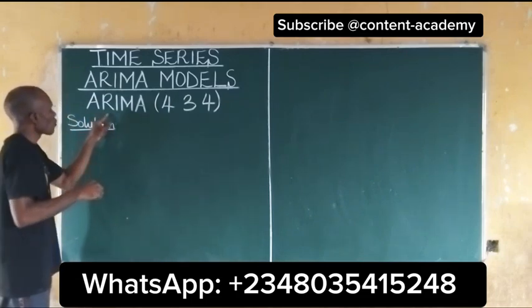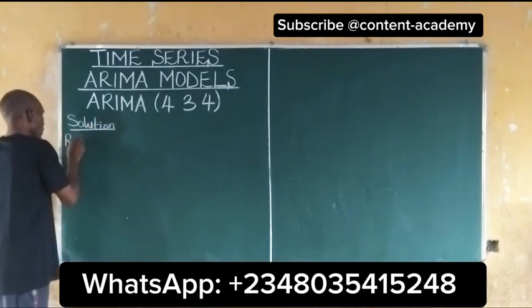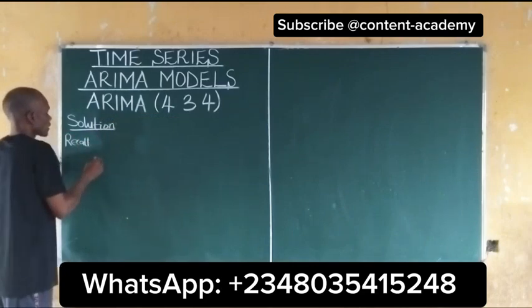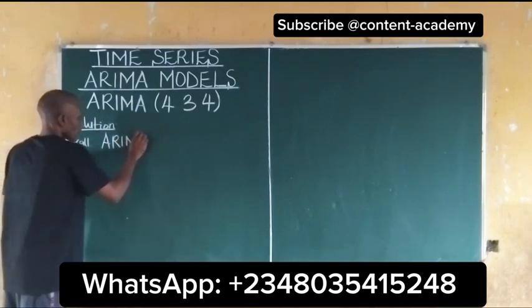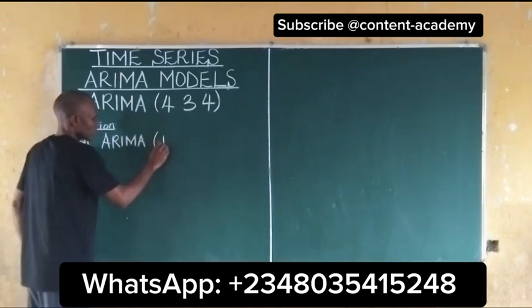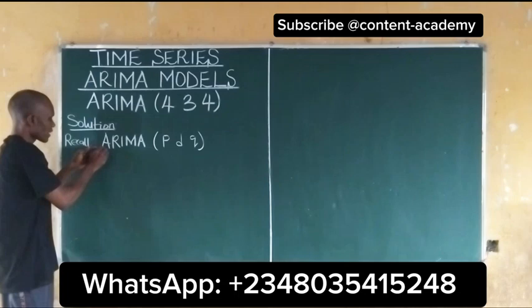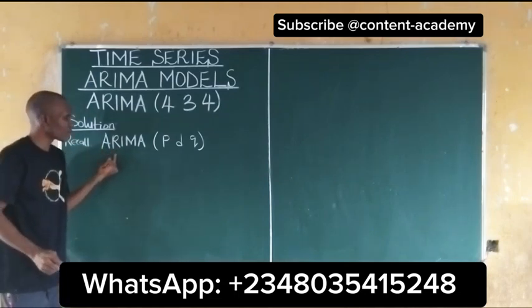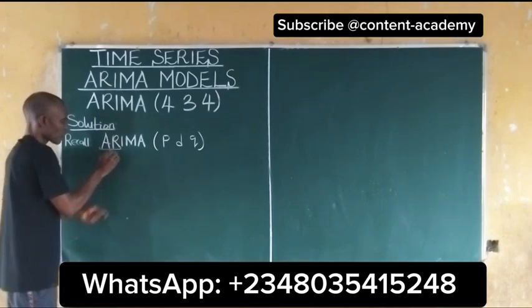Now, how do we compute the ARIMA model? First, we recall from our ARIMA model, that means ARIMA(p, d, q), it simply means AR is auto-regressive of order p.